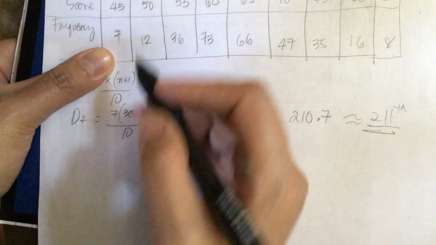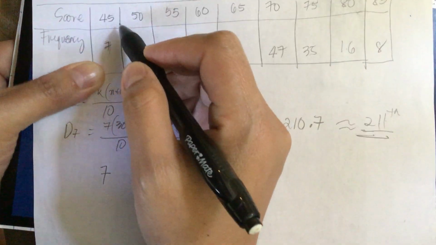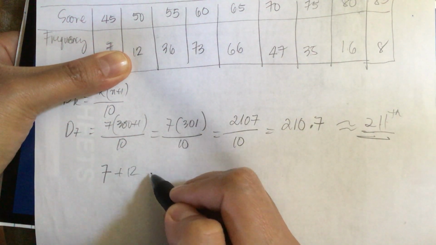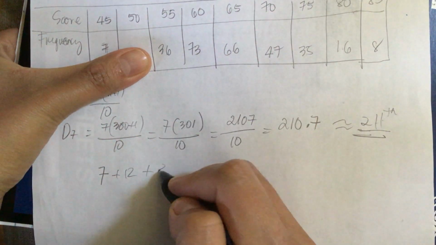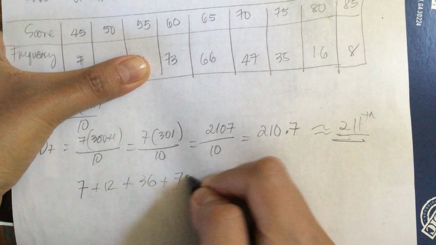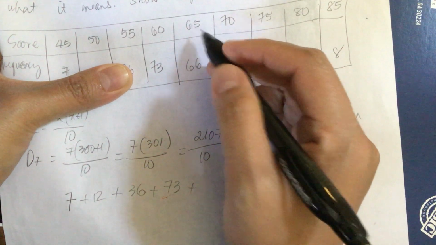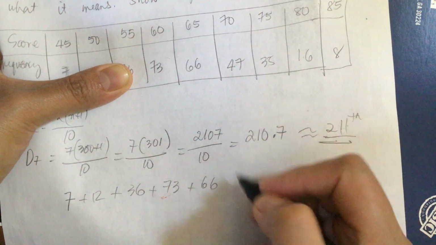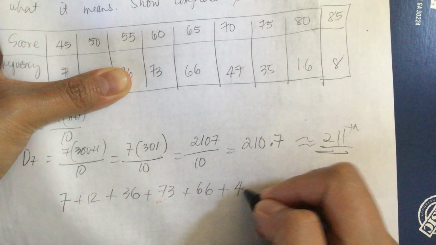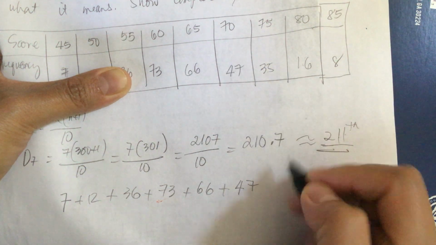So here there are 7 of them at 45, and then at 50 there are 12, and then 36, and then at 60 there are 73 students, and then at 65 there are 66 students. At 70 there are 47 students.